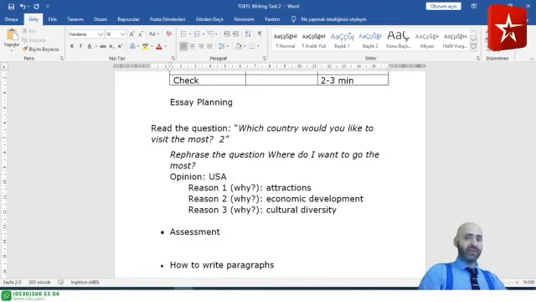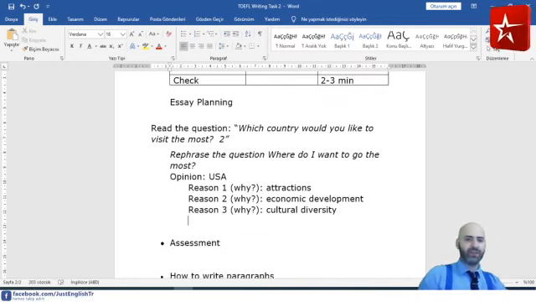Also, if you have any other reasons, more than 3, during your planning time, please write all of them, then decide which 3 reasons are the best reasons. For example, maybe I can write another reason, also reason 4, then I decide which one I prefer.